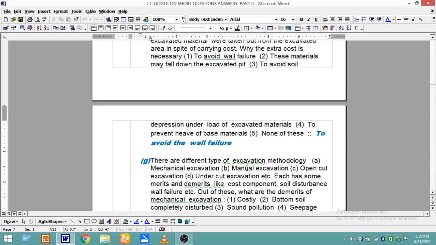There are different types of excavation methodology: mechanical excavation, manual excavation, open cut excavation, undercut excavation. Each has some merits and demerits, like cost component, soil disturbance, wall failure. Out of these, what are the demerits of mechanical excavation?